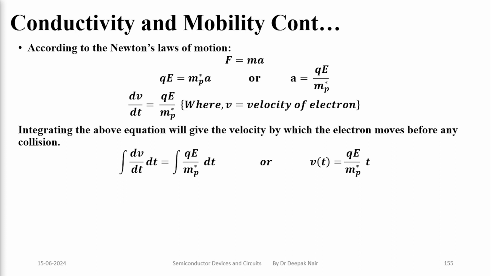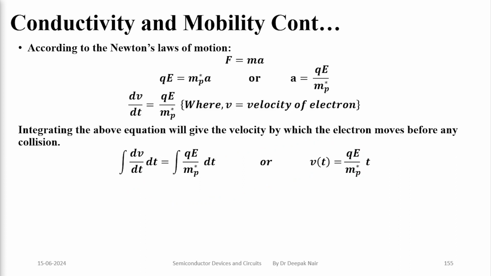To get rid of the derivative, let us integrate both the right hand and left hand side of the equation. By integrating, the integration of dv by dt gives us velocity v, and integrating QE upon m_p* dt gives us QE upon m_p* multiplied by t.